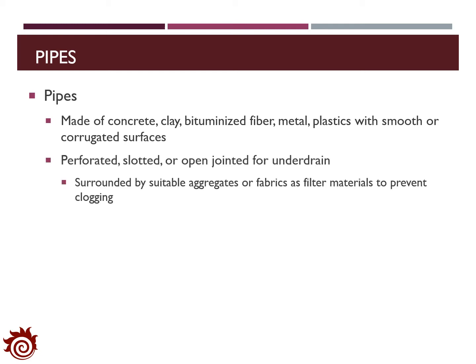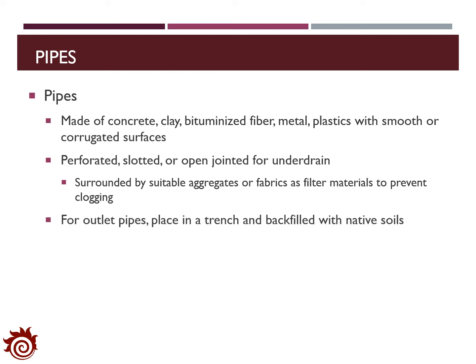For the underdrain system, we usually apply perforated, slotted, or open joint pipes for the drainage system. And these pipes are surrounded by some suitable aggregates or fabrics as filter materials to prevent the potential clogging to the pipes and also the drainage layers.